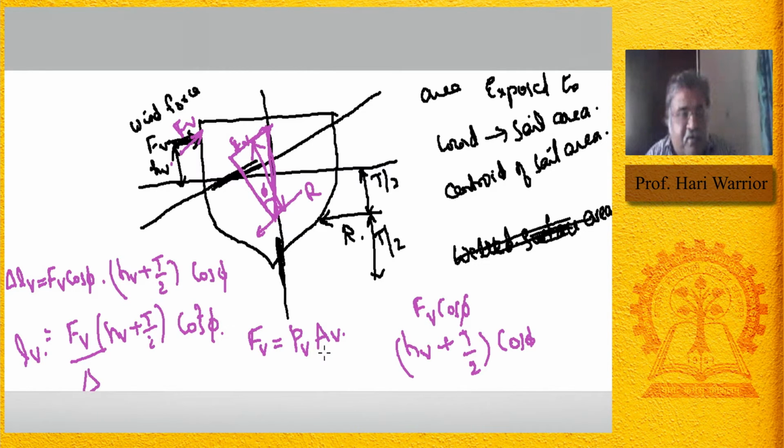As a result, F becomes F cos phi, because of the area becoming cos phi. So PV into AV. Now PV is given by meteorology, in which you will define the wind forces and all that. Meteorology is another branch you probably wouldn't have come across, but it is closely related to our own.